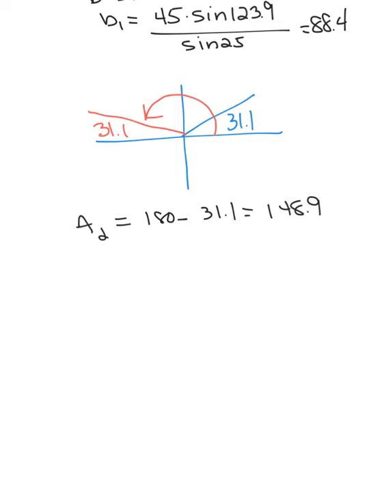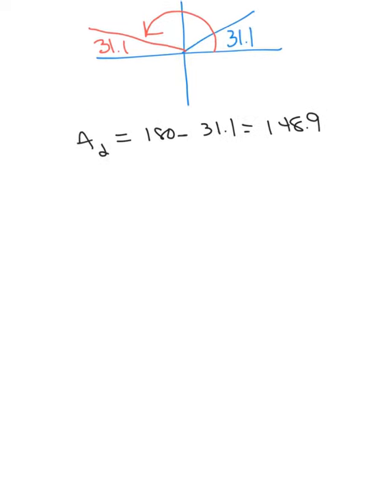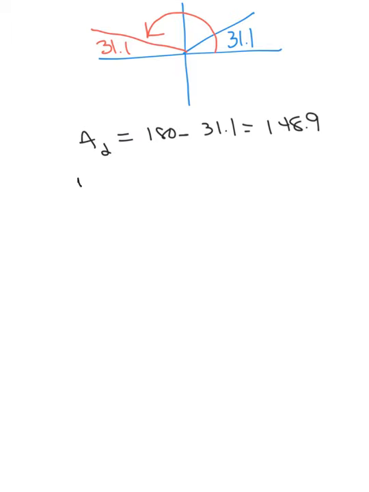Now we were given angle C and we have an angle A. We have to see what angle B would be. So B sub 2, now we're using the 180 for the measures of the angle of a triangle.